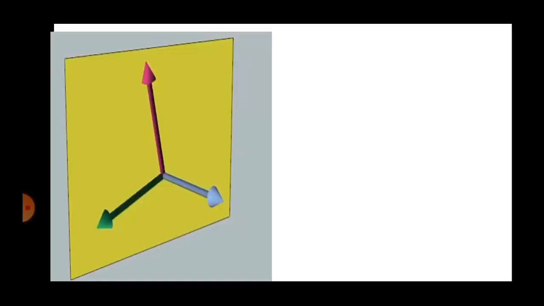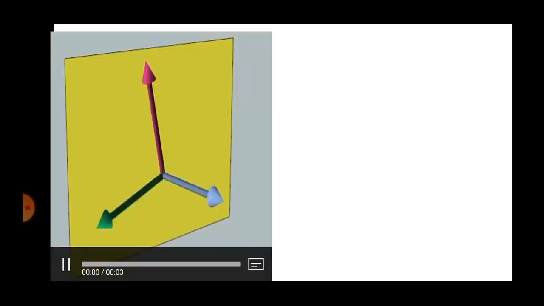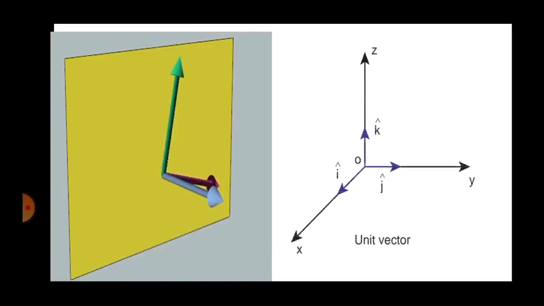Now see the diagram. This is an orthogonal unit vector. Three axes are mutually perpendicular to each other. So this is the orthogonal unit vector diagram. i unit vector along x-axis, j unit vector along y-axis, k unit vector along z-axis.